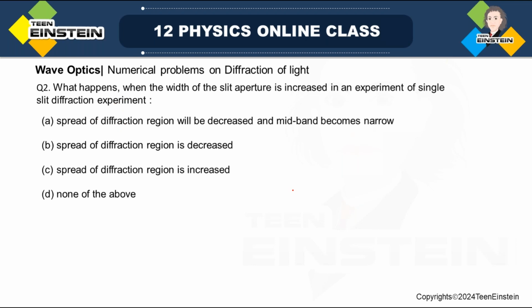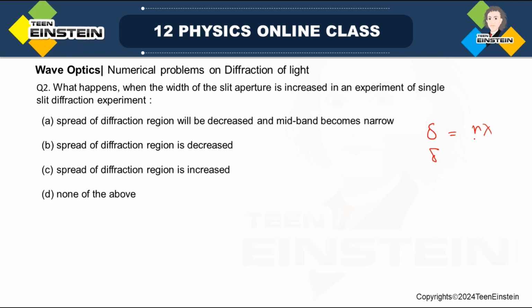Whenever required, we can recall our formulas, like the condition for path difference. For the dark one, delta is equal to n lambda.